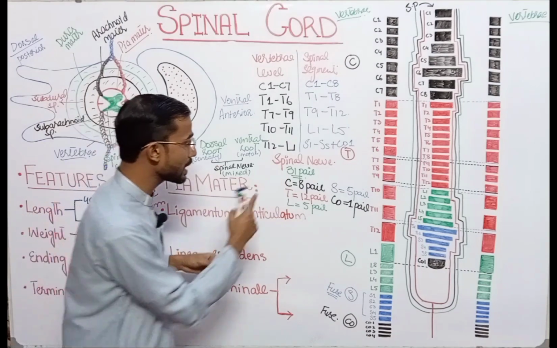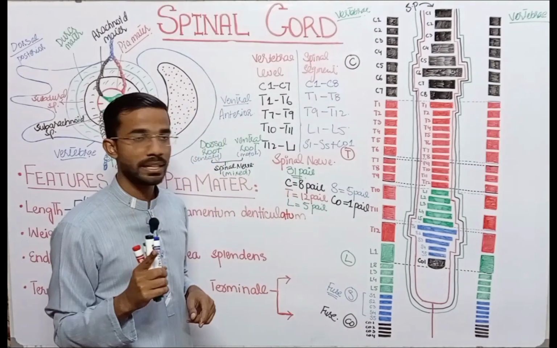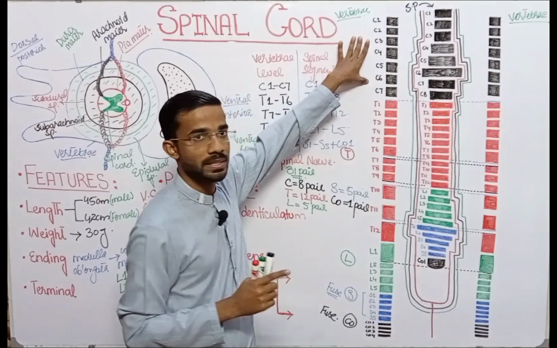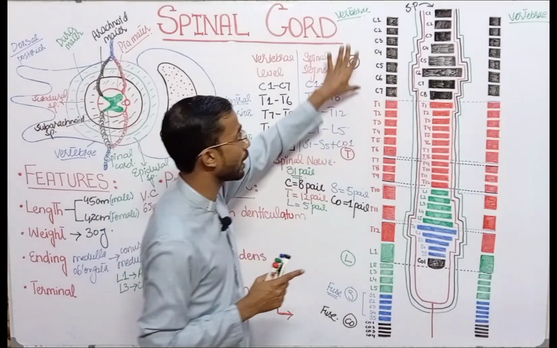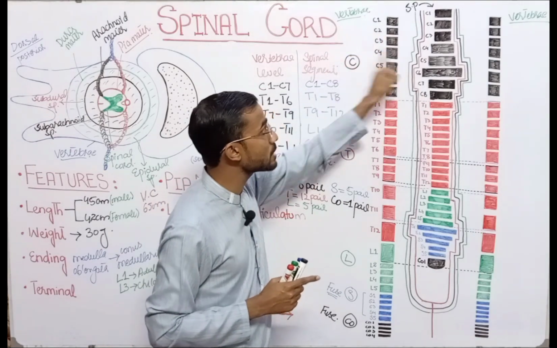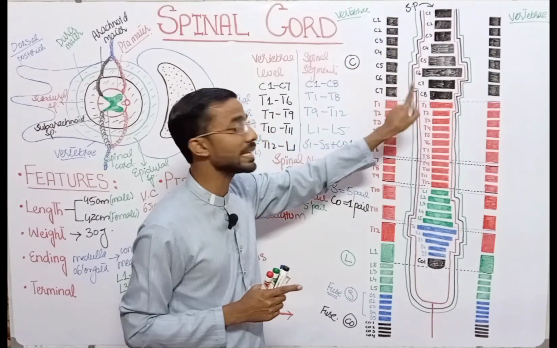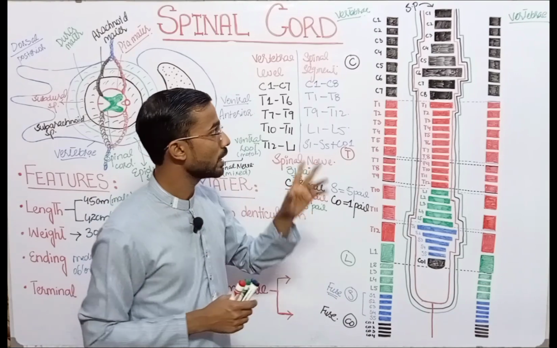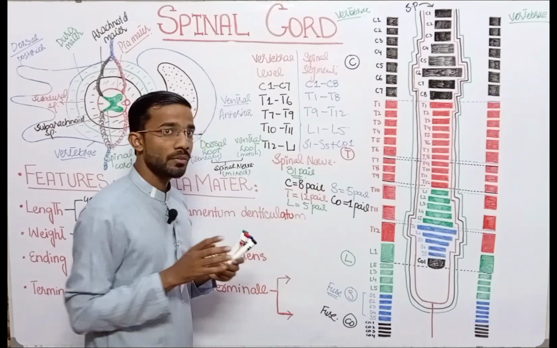But the basic difference is that there are 8 pairs of cervical spinal nerves and 7 cervical vertebrae. This is actually the difference point. There are 7 vertebrae in the cervical region, but corresponding to them you will see 8 cervical nerves. Now we will discuss the nerves in detail.